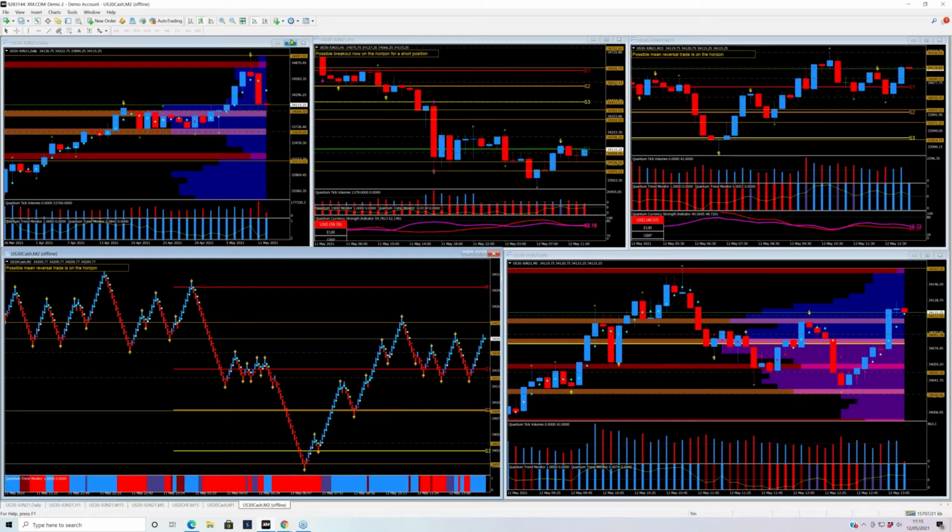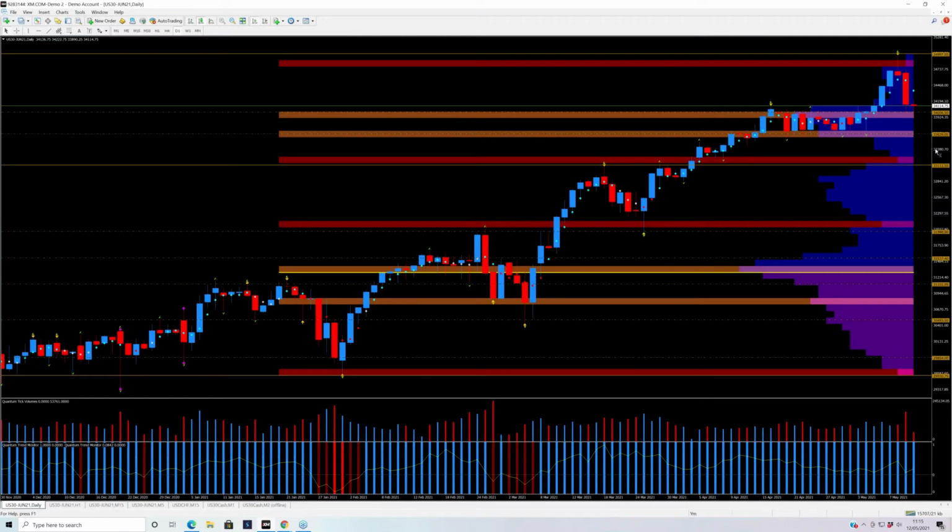Where's the YM? The YM had a bit of a big sell-off. And again, look at what I'm saying about the shape that you see on charts, and what the daily chart is telling you, because markets are fractal. What you see here, you will see replicated on a faster time frame. You kind of know that market was certainly going to pull back. Look at this, a shooting star.